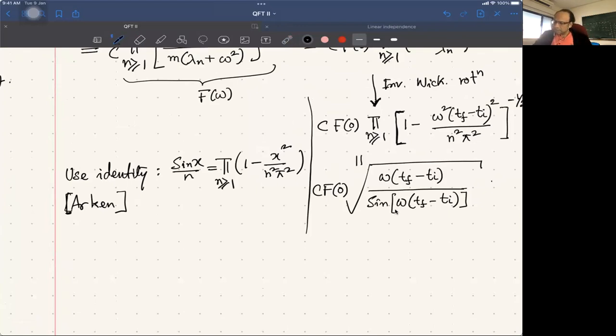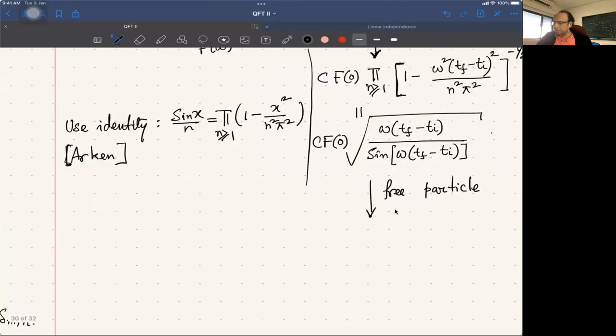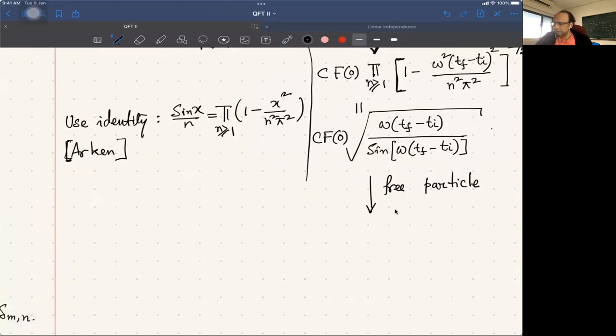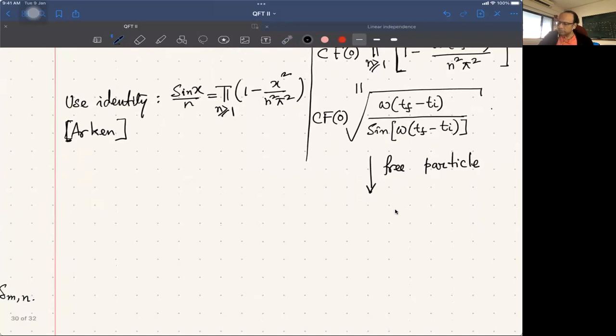This result becomes the free particle result where omega goes to 0. So sine theta by theta, with theta going to 0, is just 1, and it becomes c times f0.